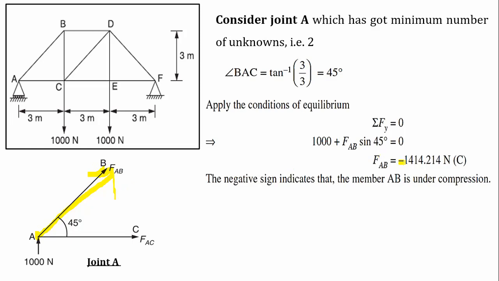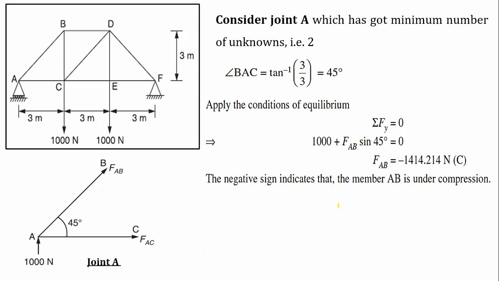As here we are getting a negative answer, that means the member is in compression. So generally I always assume that the member is in tension. That means I always show the arrow moving away from the joint. If you are getting a negative answer, it means compression. If you are getting a positive answer, it means the member is in tension, right? So this much you have to remember.